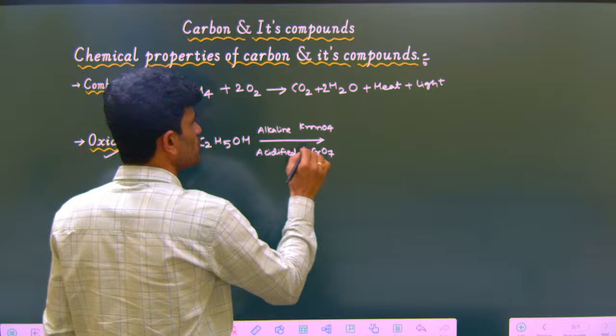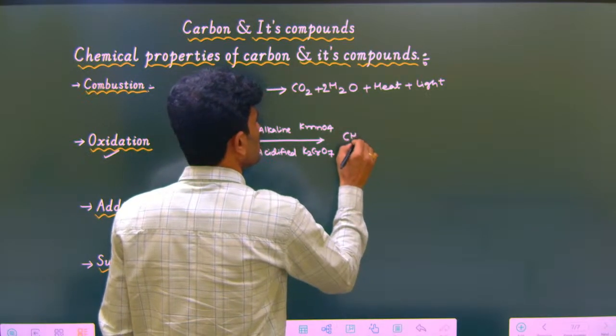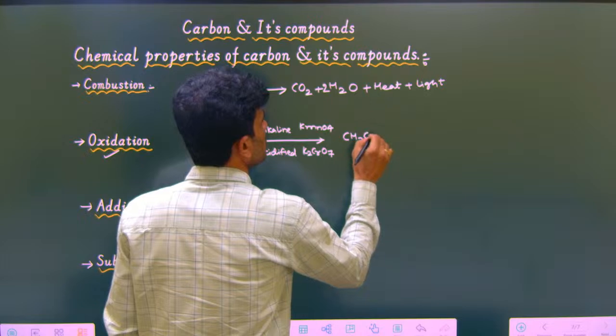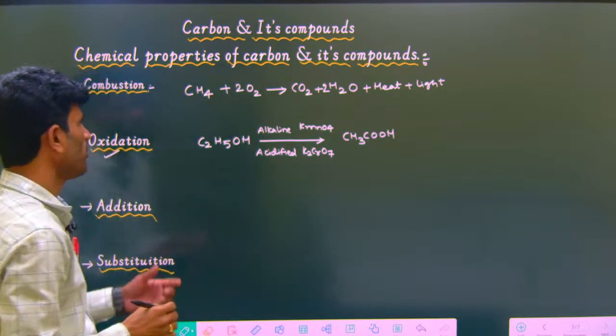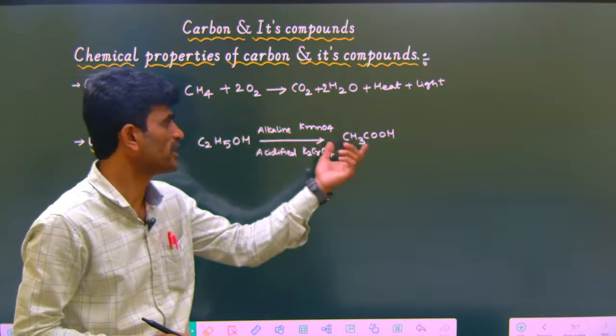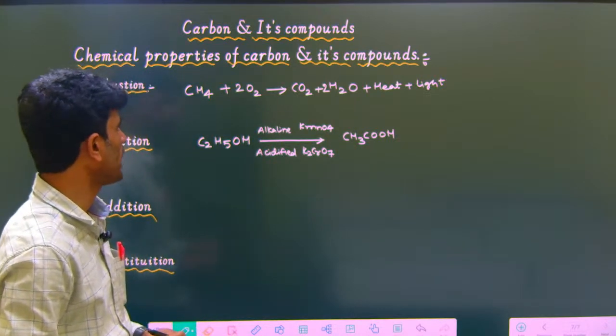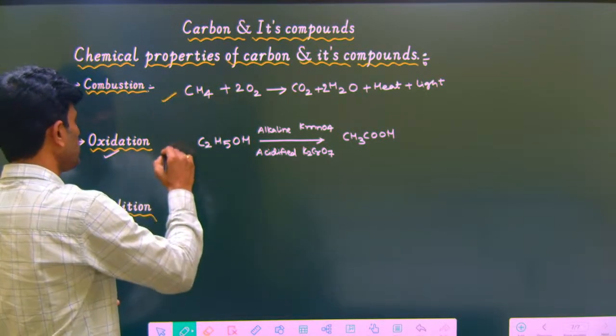In the presence of these two, it will be converted into CH3COOH. So ethanol or ethyl alcohol will be converted into ethanoic acid. This is oxidation. Try to remember. This is combustion and then oxidation.